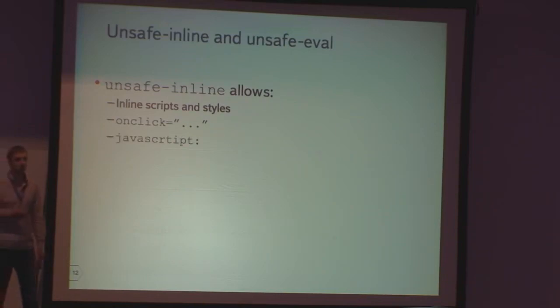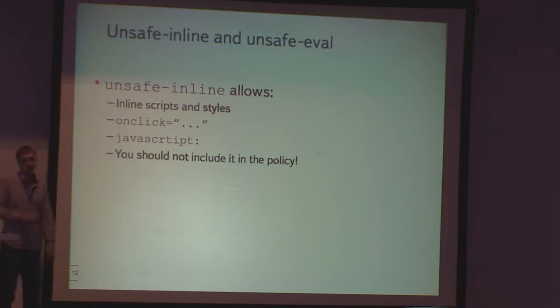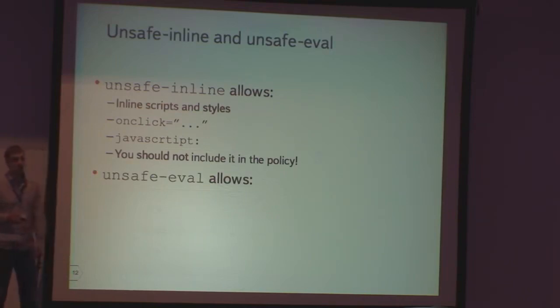Of course, it allows the javascript: scheme, and you should not use it in your content security policy because it will highly decrease the security level of your policy, and it will sometimes be useless.